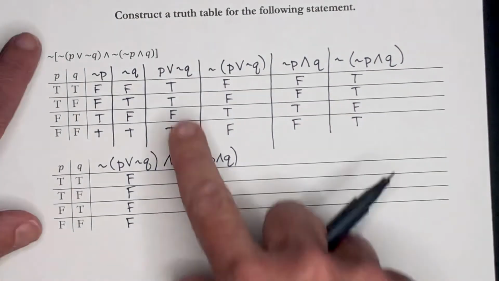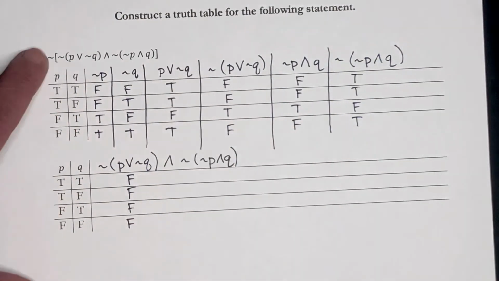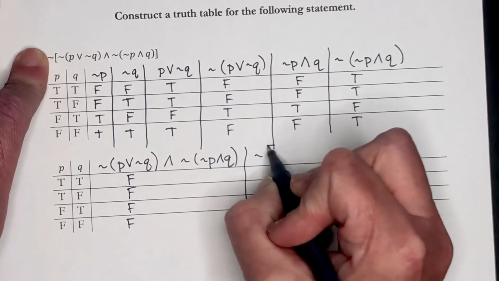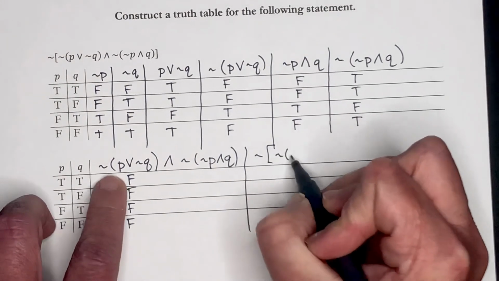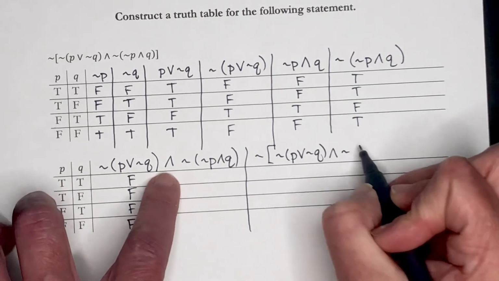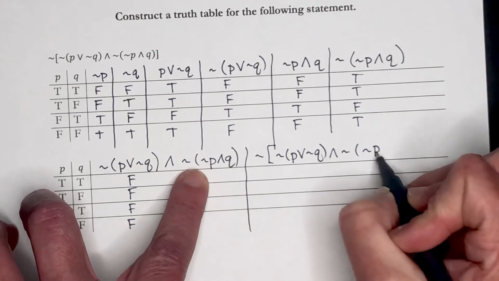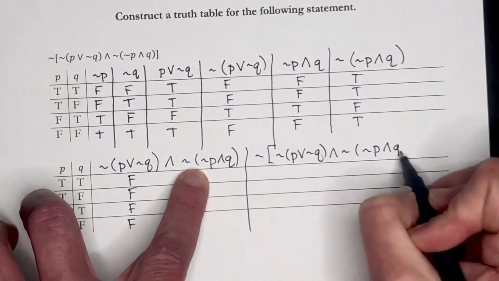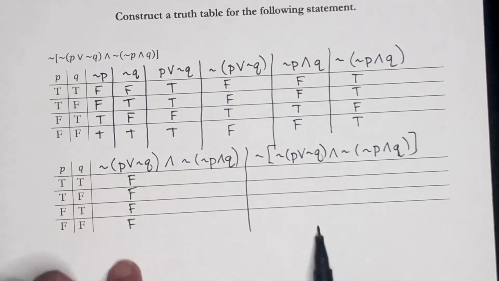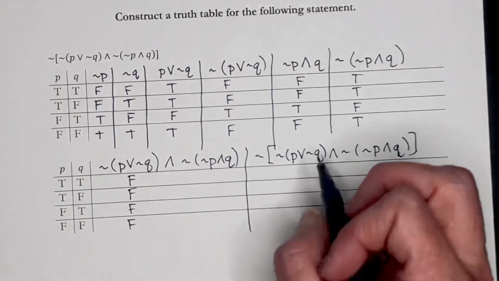So what we've got now is everything inside the brackets. Our last step is to negate that. So not all of this. Did I get all that written correctly? I think I did. Anyways, the opposite of this, so that means all of these are true.